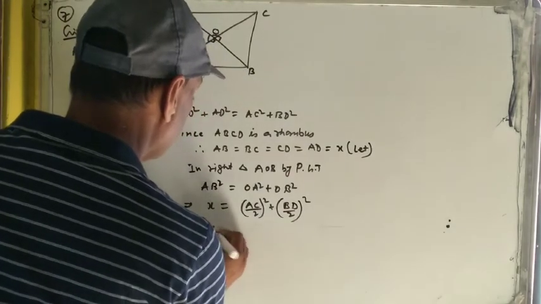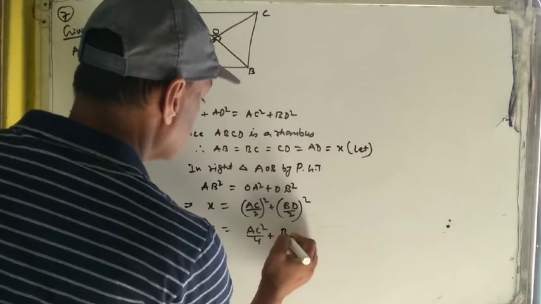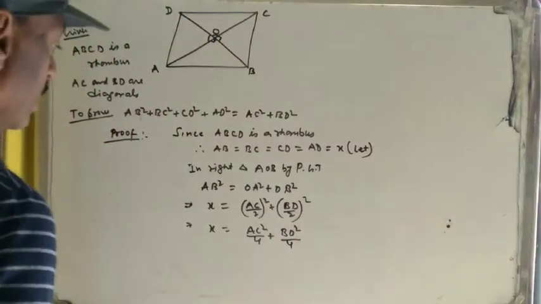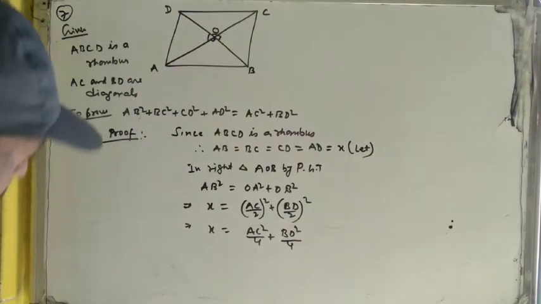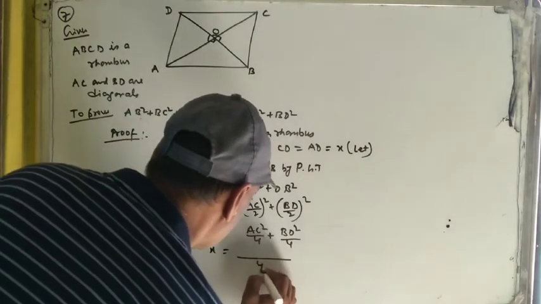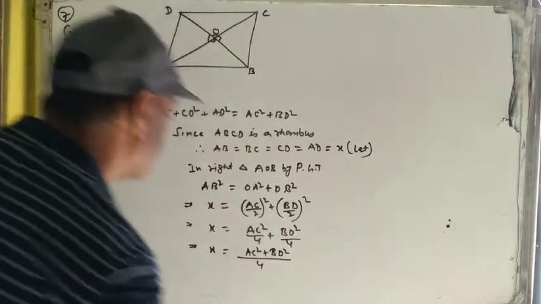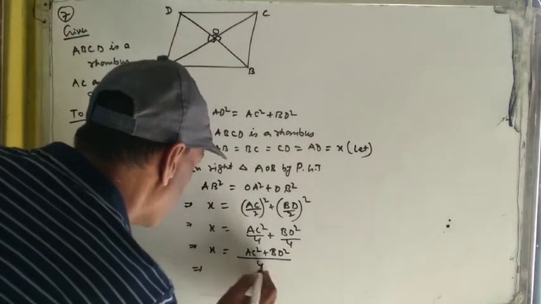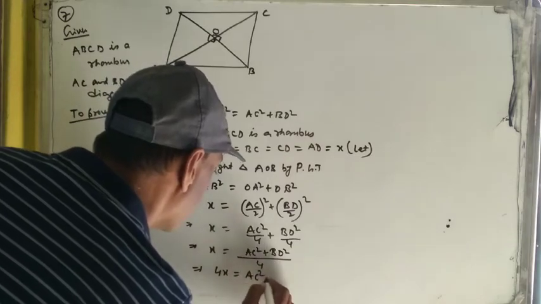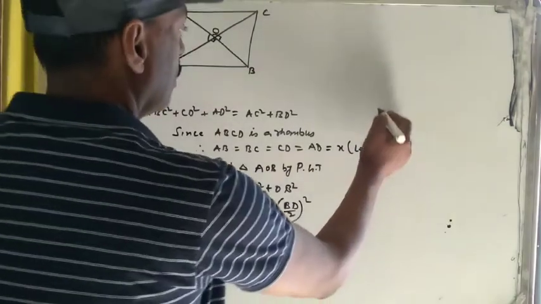Now it will be AC square by 4 plus BD square by 4. Taking the LCM, it gives us x square equal to AC square plus BD square, all over 4, and after cross multiplication, 4 will be multiplied with x square, so 4x square equals AC square plus BD square.